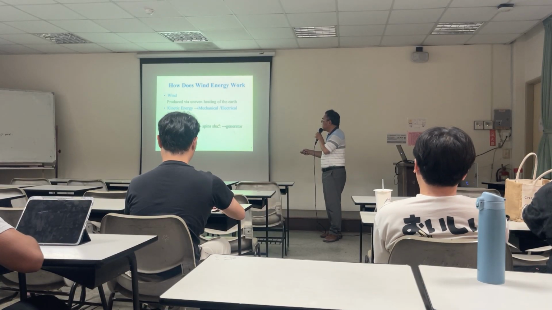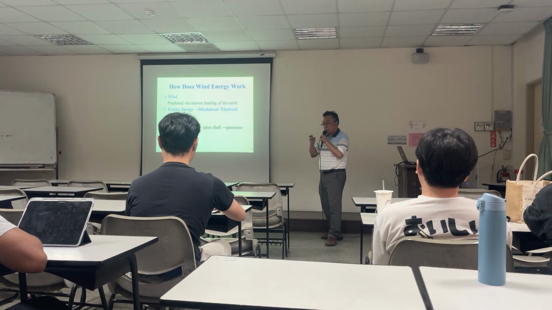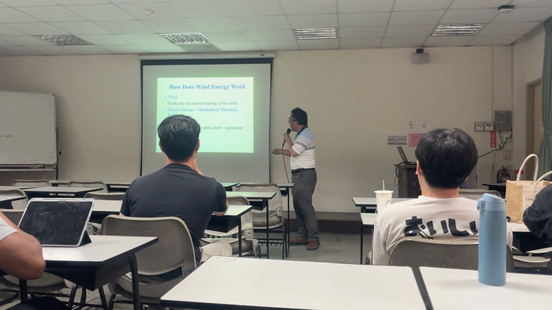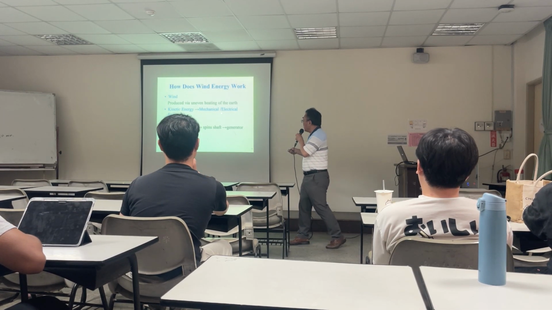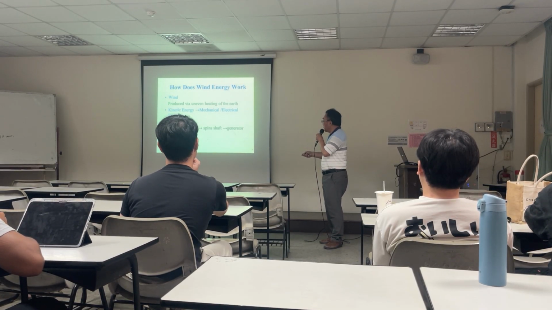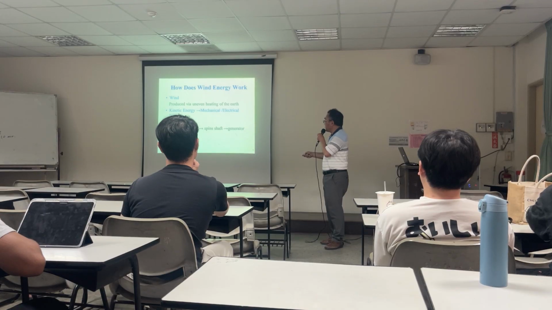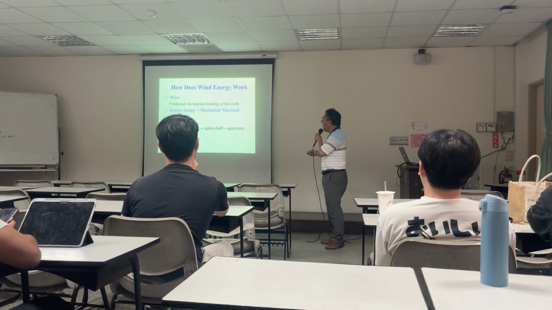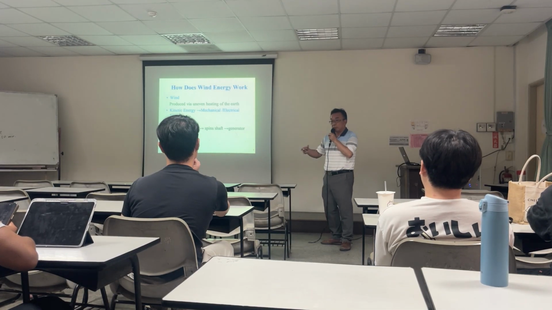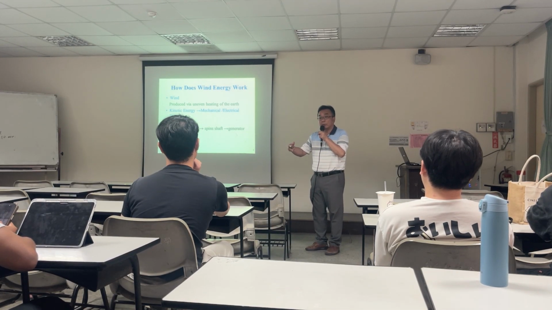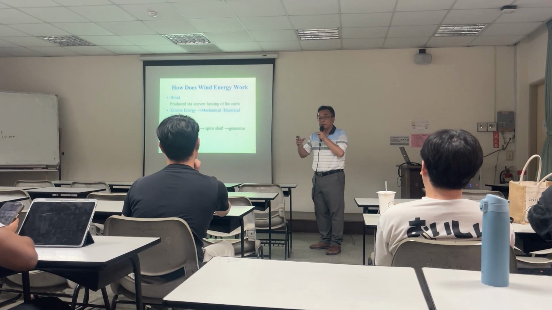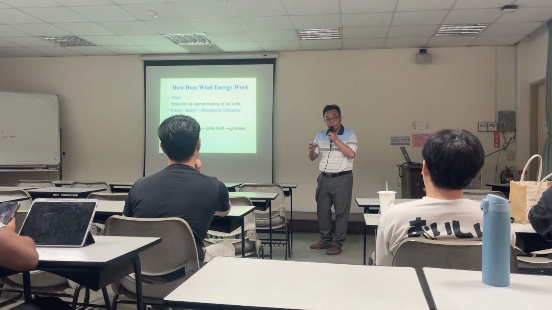Then the shaft of the generator is coupled with the turbine blade. Once the wind blows and makes the blade rotate, the rotor of the generator also starts rotating, and the mechanical energy is transferred into electrical energy.